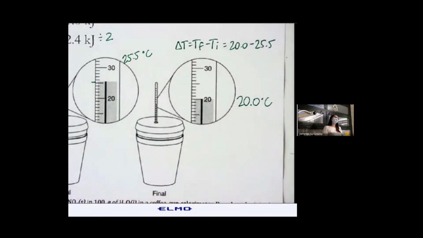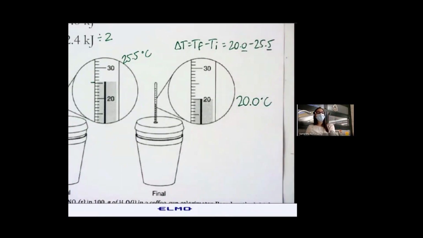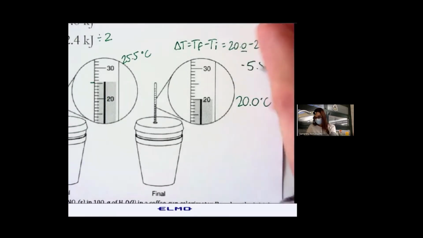When you add or subtract, you need to make sure that your answer has the same number of decimal places as your information with the least. So instead of least number of sig figs, it's least number of decimal places when you're adding and subtracting. Both of these just have 1 decimal place, so our answer should just have 1 decimal place. So it's actually negative 5.5 degrees Celsius.